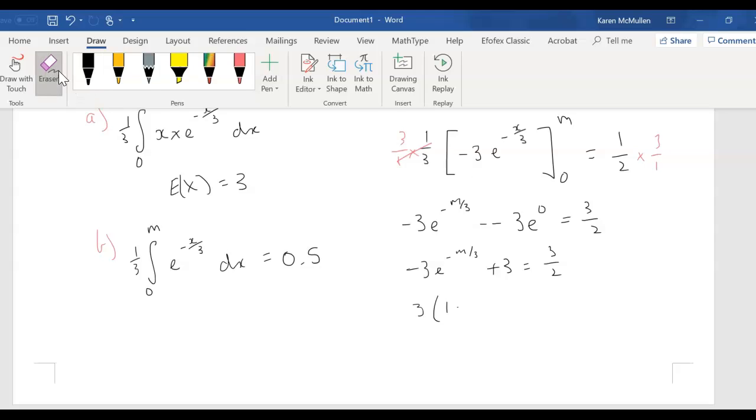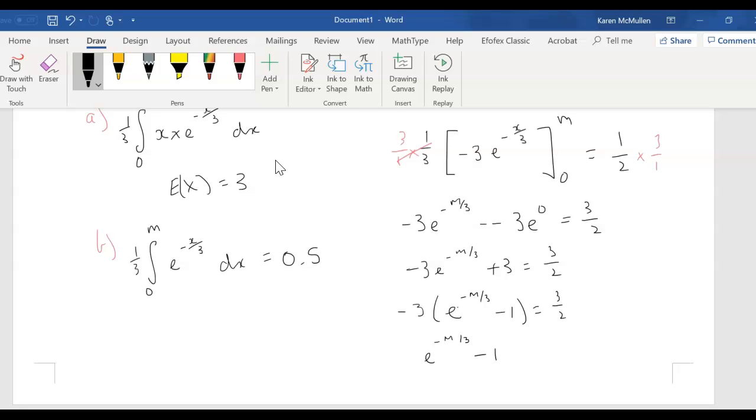I'm going to take negative 3 out as a common factor. E to the negative m on 3 minus 1. So that gives me e to the negative m on 3.